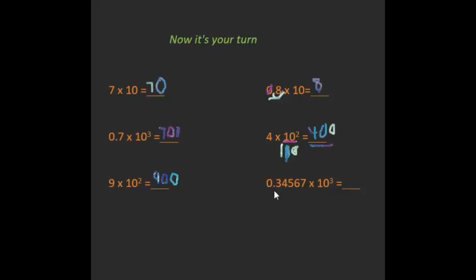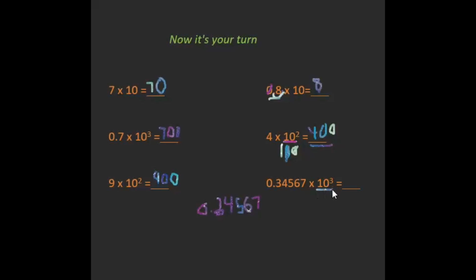Okay, and now let's look at this big number. 0 and 34,567 hundred thousandths. Let me just write this number down: 3, 4, 5, 6, 7, times 10 to the power of 3.